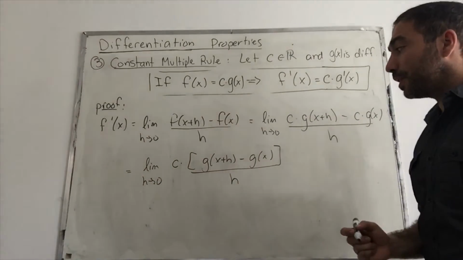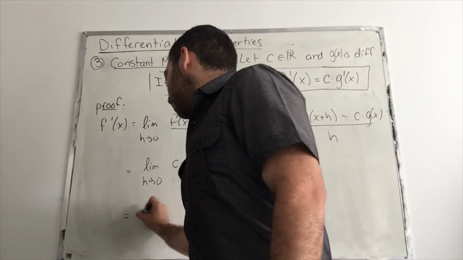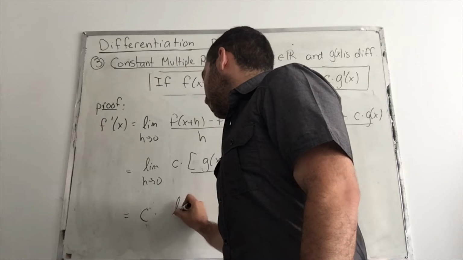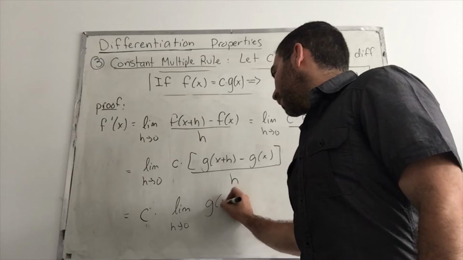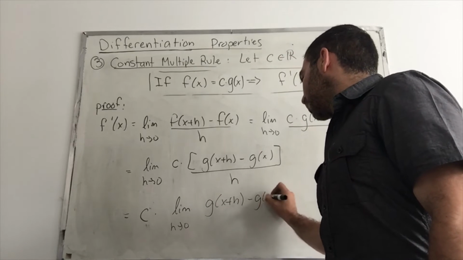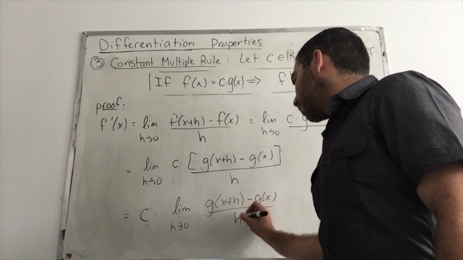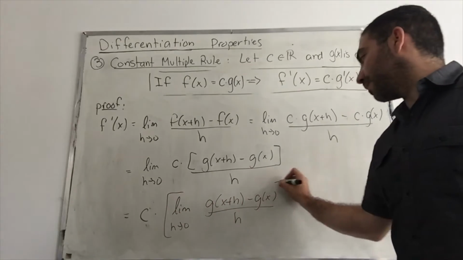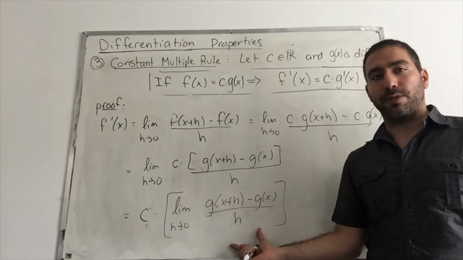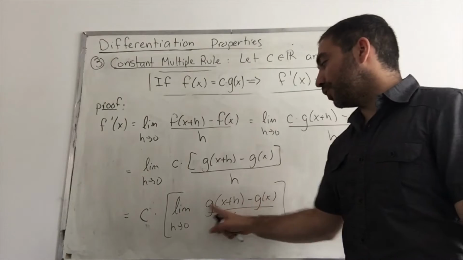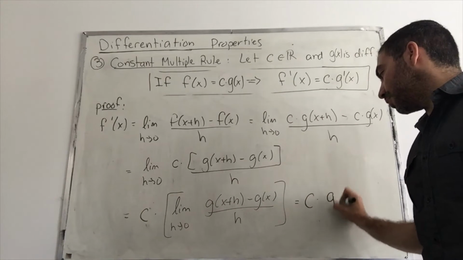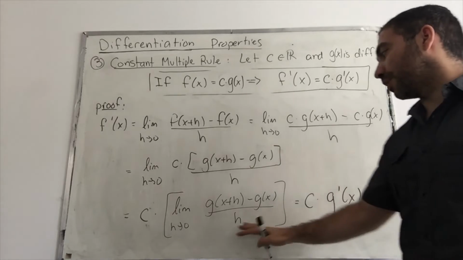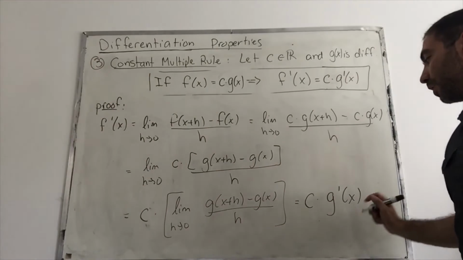That's one of our limit properties, giving us c times the limit as h tends to 0 of g of x plus h minus g of x, all over h. All this is just the limit definition of a derivative, but now with respect to g instead of the function f. So this is equal to c times g prime of x. This is our definition, and this is the proof.